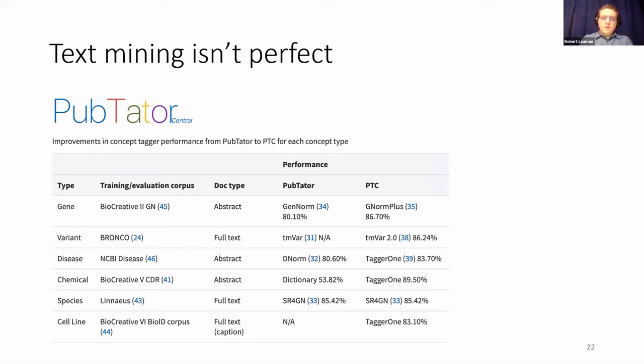And these performances, you can see, range in the 80% range. So while the performance is often quite good, we also still continue to have errors that need to be addressed, and so additional work is required. But also, that means that while text mining can be extremely useful, especially from an automation perspective, a wide coverage perspective, it's also important to integrate with other techniques and methods.